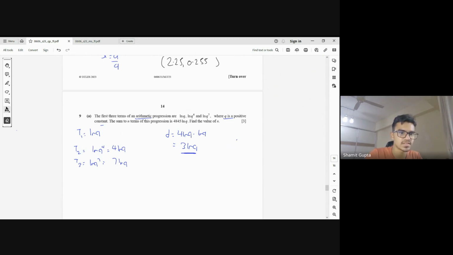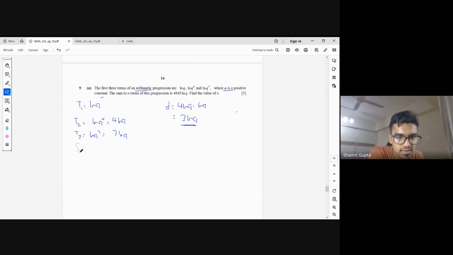Sum to n terms is n over 2 times (2a plus (n minus 1)d). Sn is equal to n over 2 (2a plus (n minus 1)d) is equal to 4845 ln q.